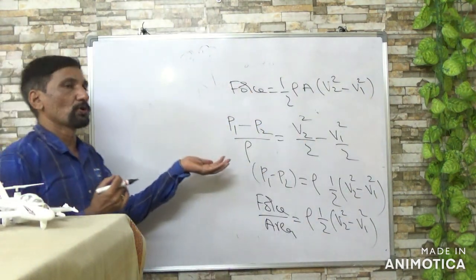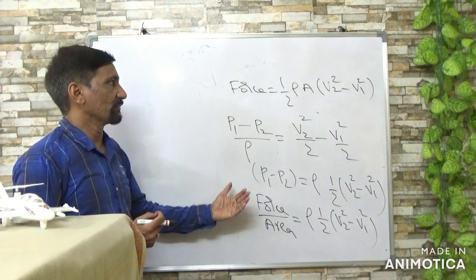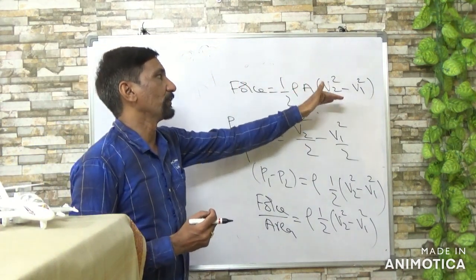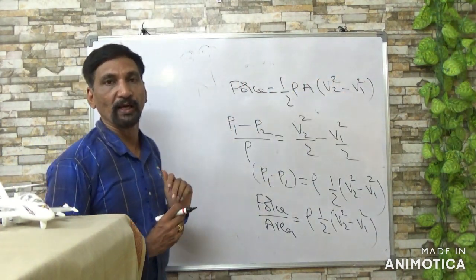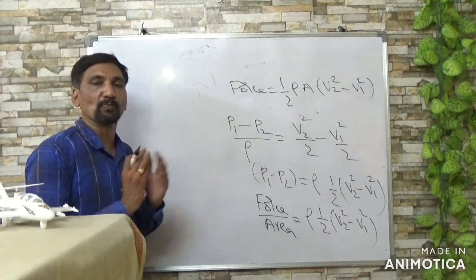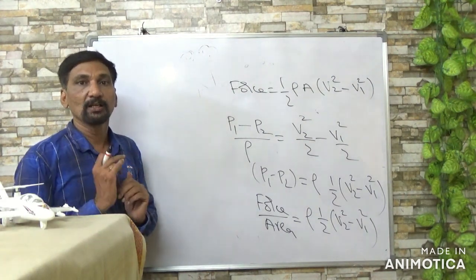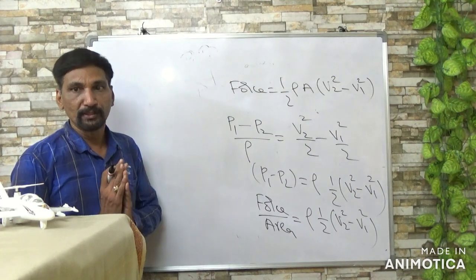So remember, the force required to lift up an aeroplane is given as half rho A of V2 square minus V1 square. Based upon this model, you can expect one problem in the competitive exam.